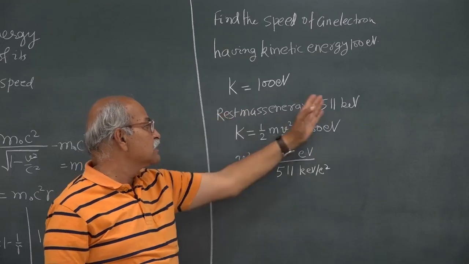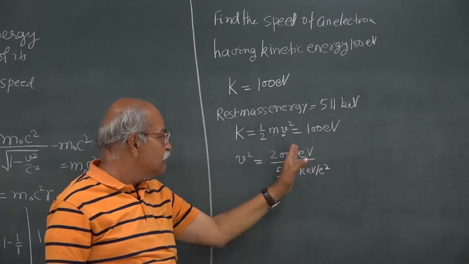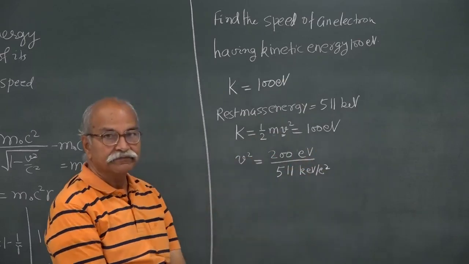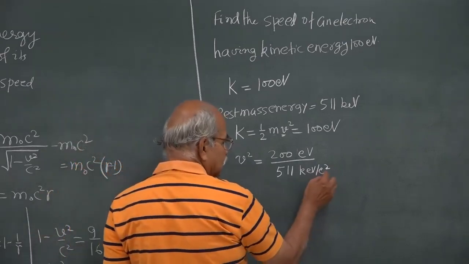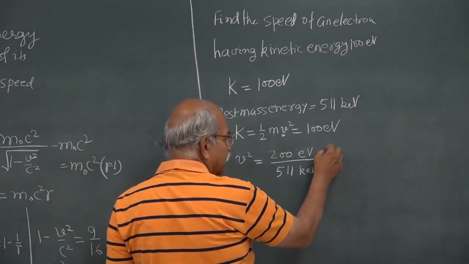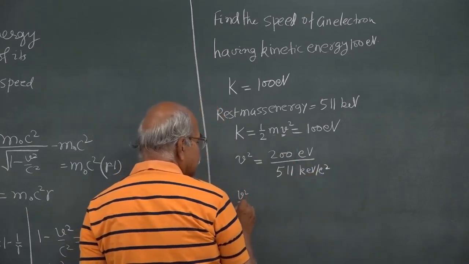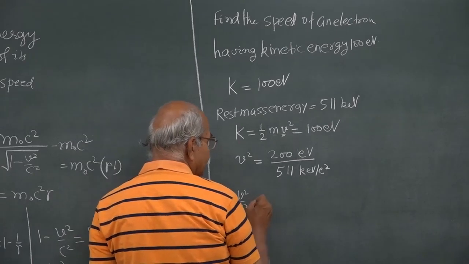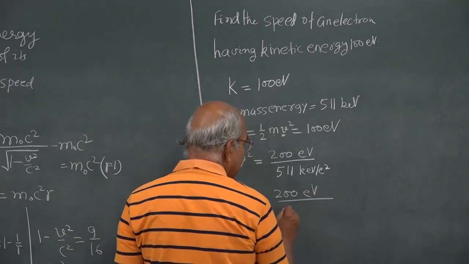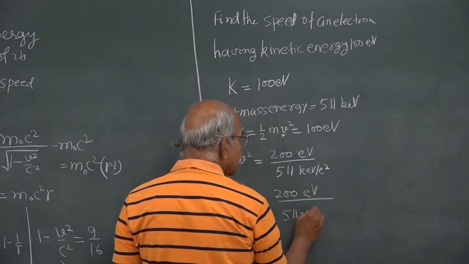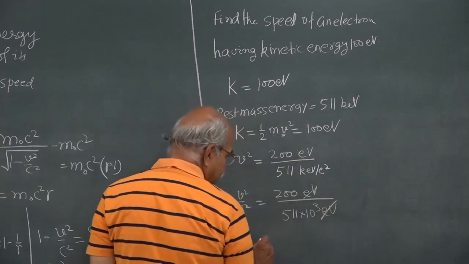So, the rest mass is this 511 keV divided by c square. So, this c square can go here. So, it is v square divided by c square, which is equal to 200 eV and then you have 511 into 10 power 3 eV. So, eV cancel out and you have this equation.